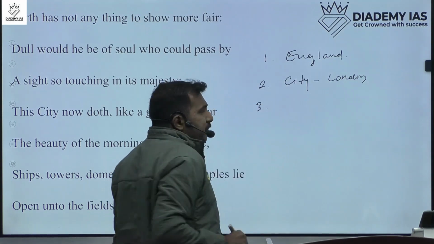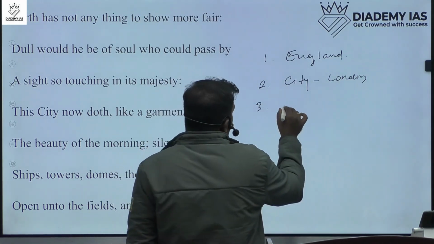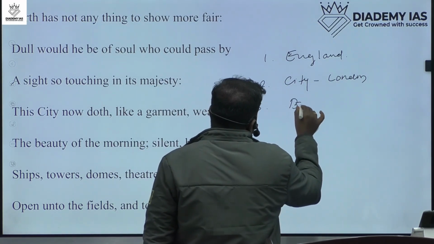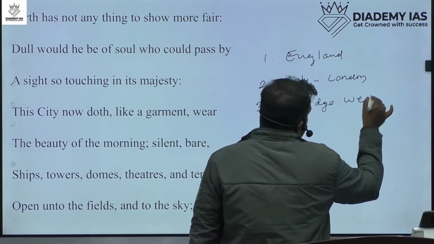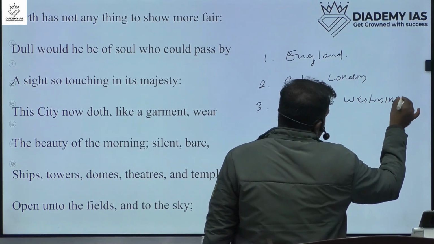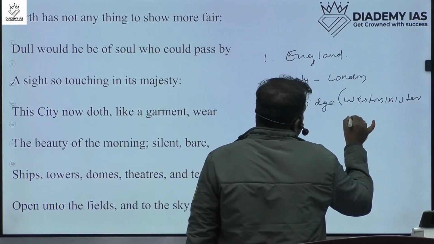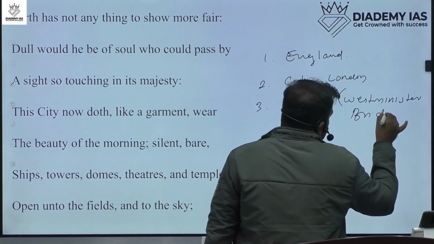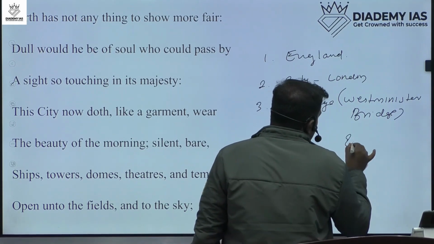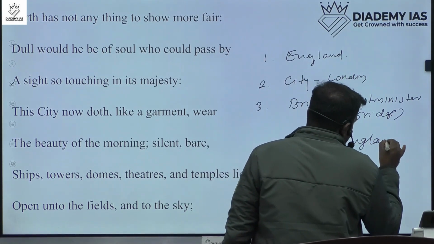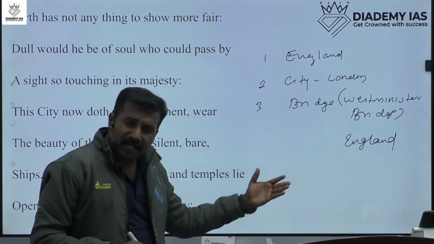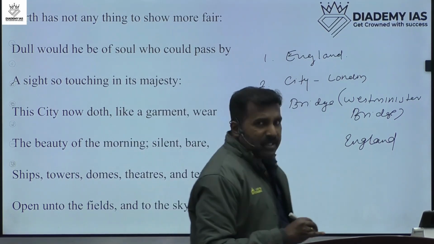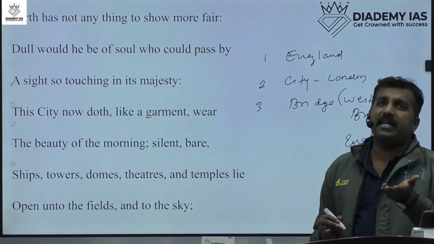And this poem explains the beauty of a bridge, Westminster Bridge, in England. These are the important themes we have to keep in mind before we read the poem.